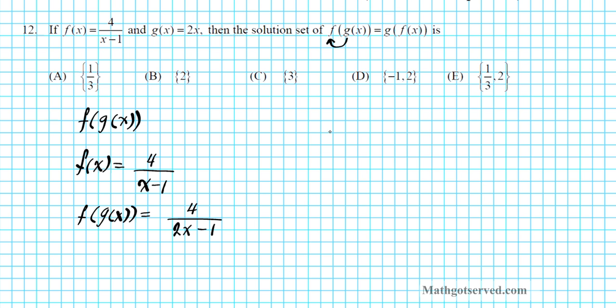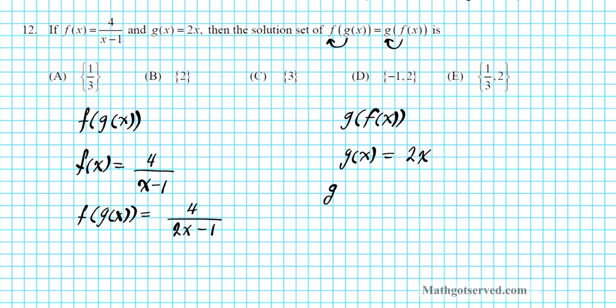Now what do we need to find next? We need to find the right side of the equation, g of f of x. Now what is g of f of x? It simply means you're evaluating g at f, or you're substituting f into all the x's in g. Okay? So let's go ahead and compose g with f. We know that g of x is 2x.